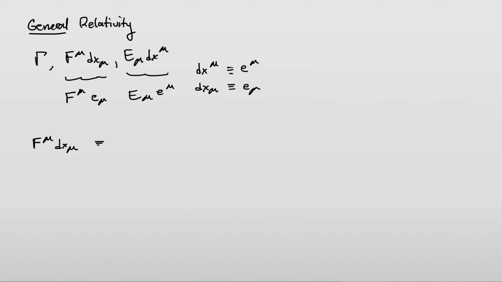Or again, this is synonymous with df mu e mu. These are almost one and the same thing, but we want to actually parse this out a little bit. And so I want to consider now this f mu curly d mu, like this. What does this look like?